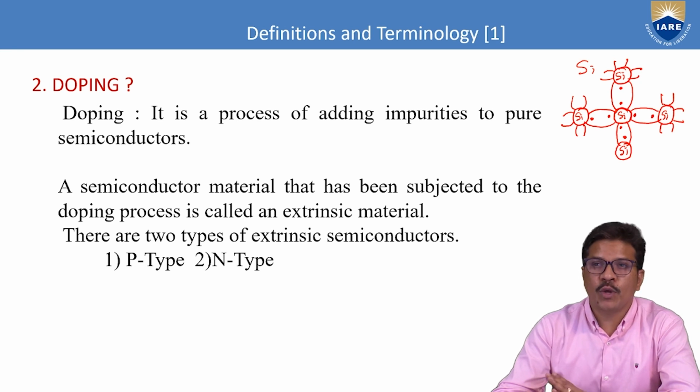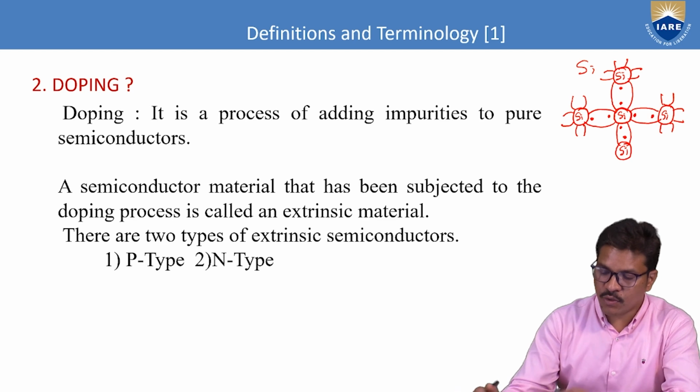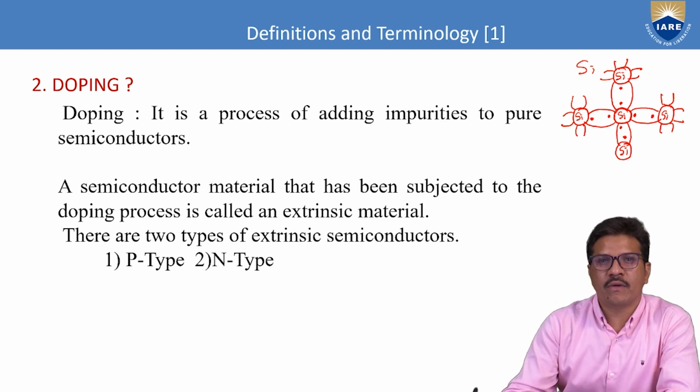So in order to improve the conductivity, we shift the intrinsic semiconductor into an extrinsic semiconductor. How do we do that? By the process of doping.